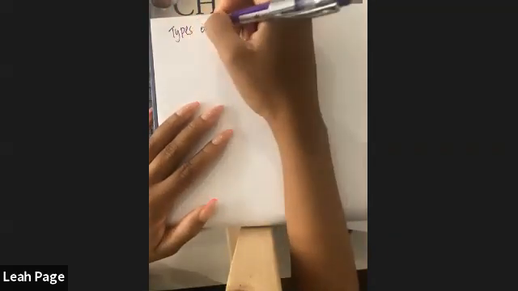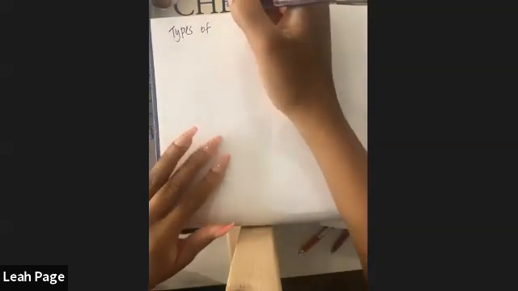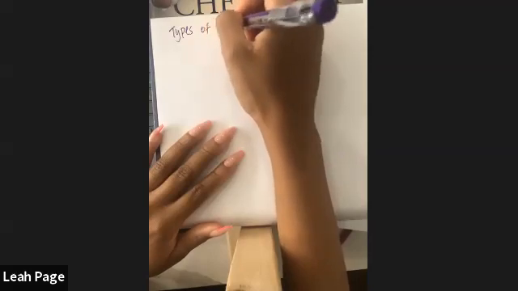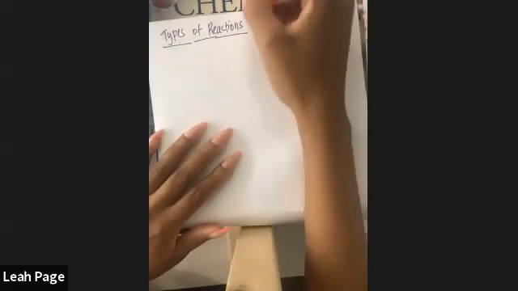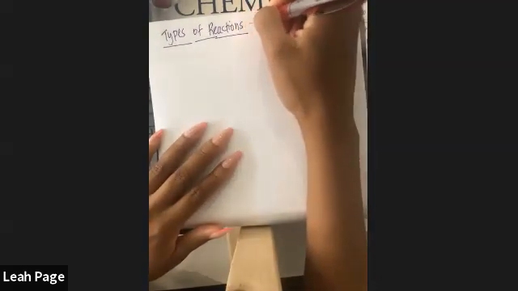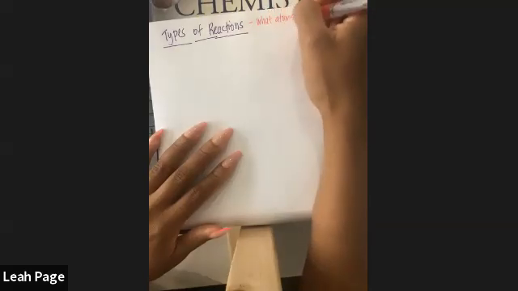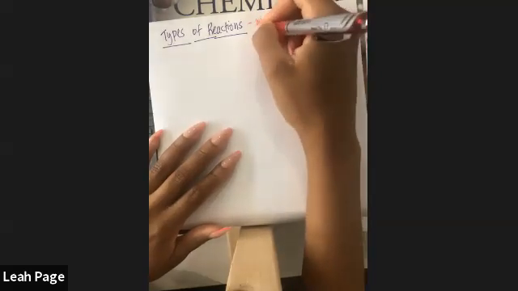I'm gonna start off by first grouping them on what their atoms or groups of atoms are doing. So types of reactions. So this is grouped on what atoms or groups of atoms are doing.